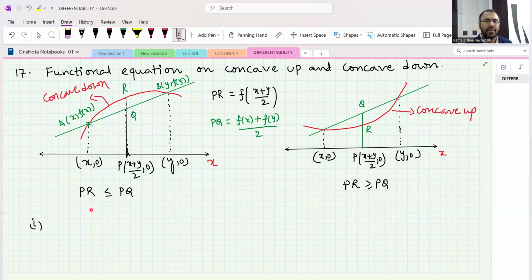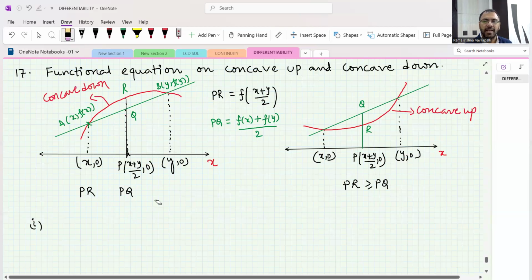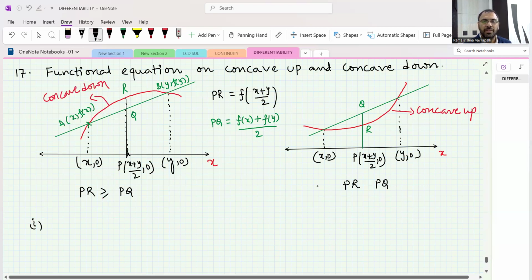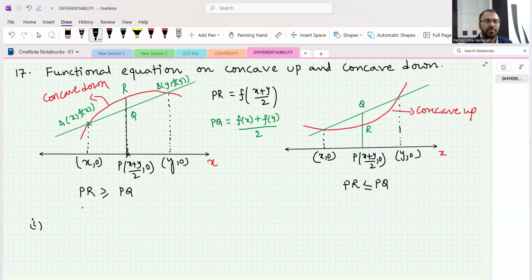So here, if you observe, for the concave down function, the height PR is greater than or equal to PQ. Here it is reversed: the height PR is less than or equal to PQ. So what is PR?